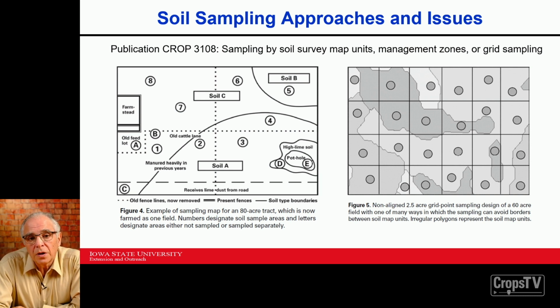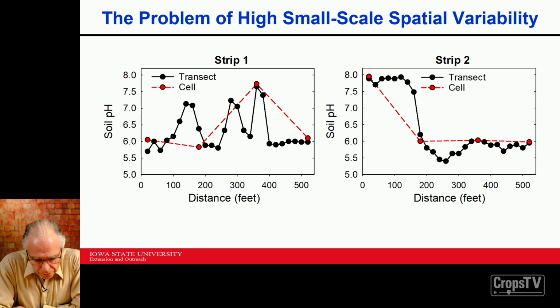You can take a look at the publication in terms of what it means. But the point I want to make is that when we have high pH variability, when we have a mix of acidic and calcareous soils, like in central to north central Iowa and southern Minnesota, not even a good 2.5 acre grid sampling may be good enough.